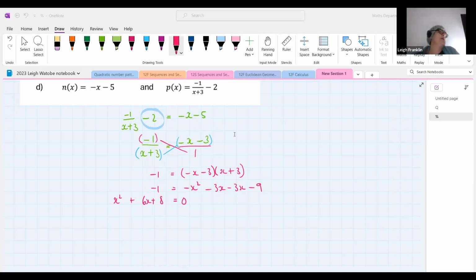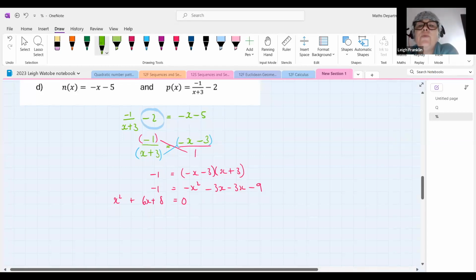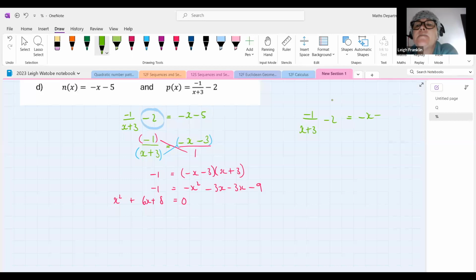the cross multiplying is just easier, but it's the same thing at the end of the day. Okay, so you can only cross multiply, Lesedi, when, let's say you've got a situation like this originally. So you've got -1 over x plus 3 minus 2 equals minus x minus 5.